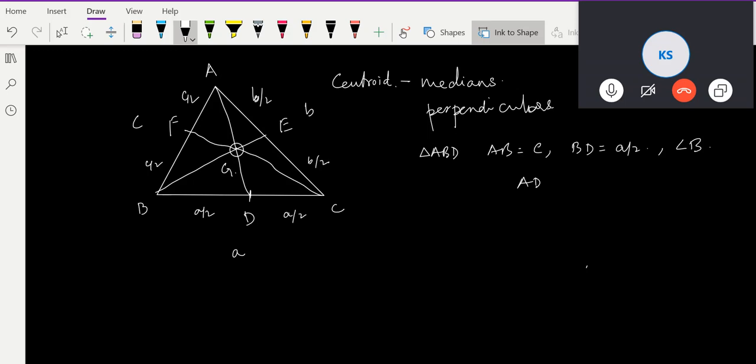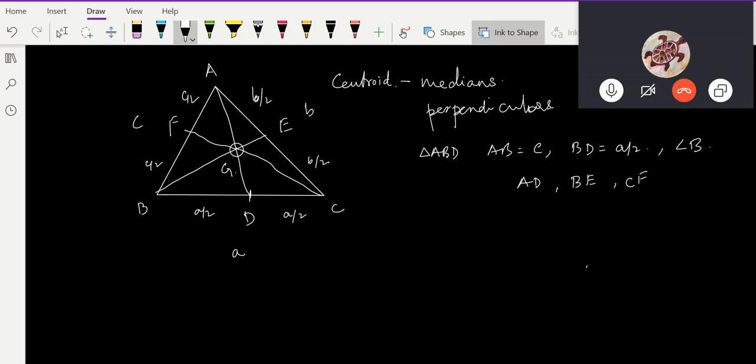Similarly, we can find out the length of BE as well as CF using the other triangles. So this is how you can find out the length of each of the medians.